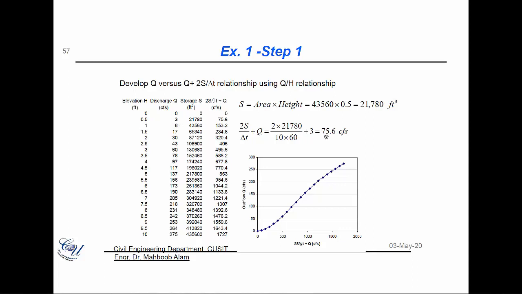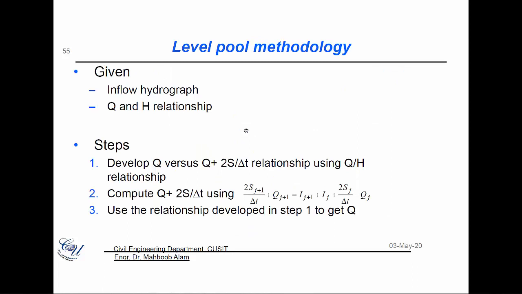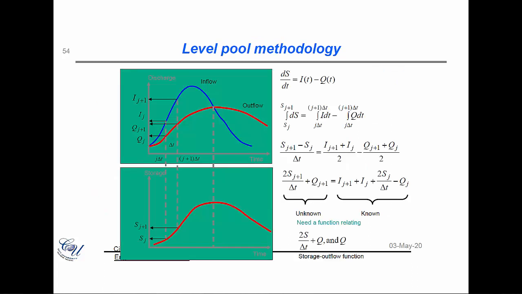So I get 75.6 cubic feet per second. This value, 2s by delta T plus Q. Fine. This is important because this is the value which is coming from this equation, 2s by delta T plus Q. So we need to have this relationship.